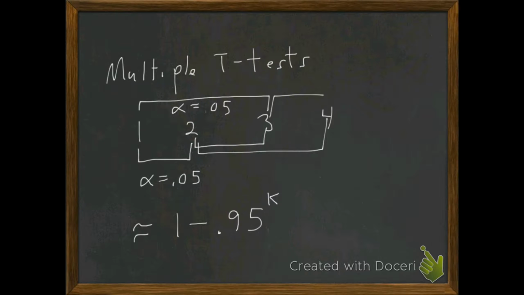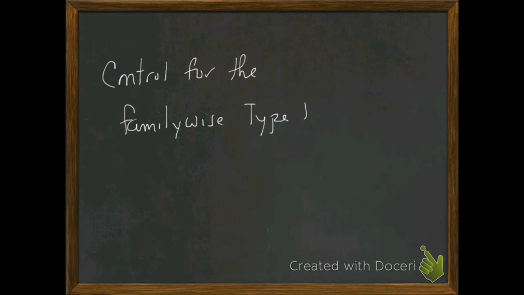Well, in statistics, we can't have that. We can't have the possibility of committing a type 1 error that heavily inflated. So to control for the family-wise type 1 error rate being inflated, Fisher came up with ANOVA.